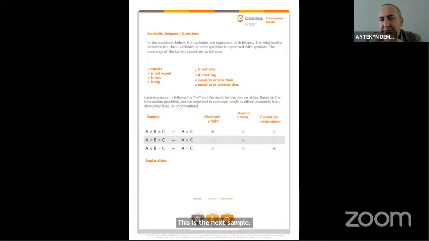In these questions below, the variables are expressed with letters. The relationship between the three variables in each question is expressed with symbols. The meanings of the symbols used are as follows: equals, is not equal, is less, is big, is not less, is not big, equal or less than, equal to or greater than.